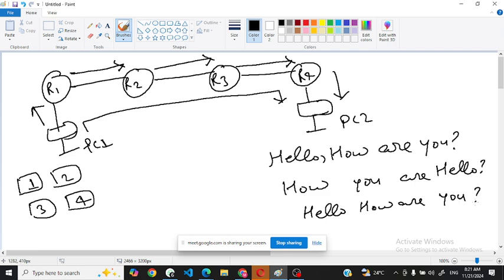It will be in a proper manner. With the help of this method, we are able to deliver the proper data. Is it clear? Like if you are writing a paragraph here, the same paragraph will be delivered here.